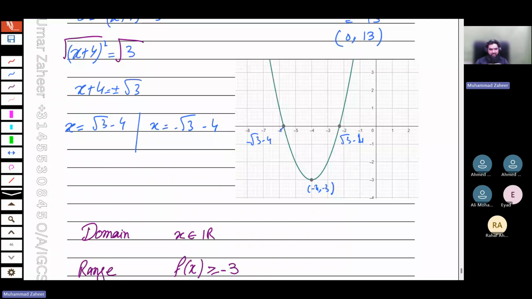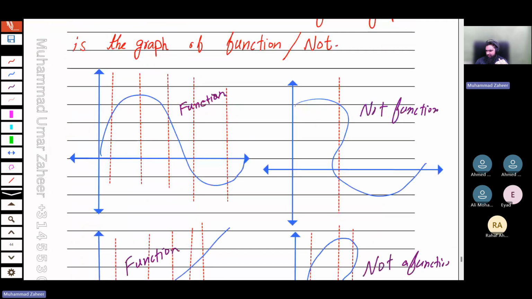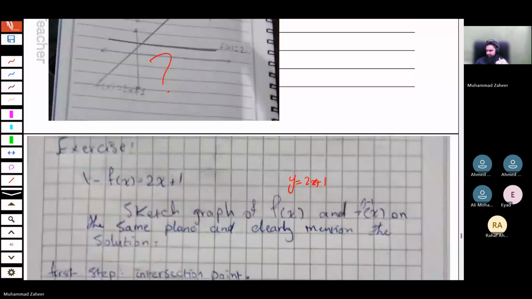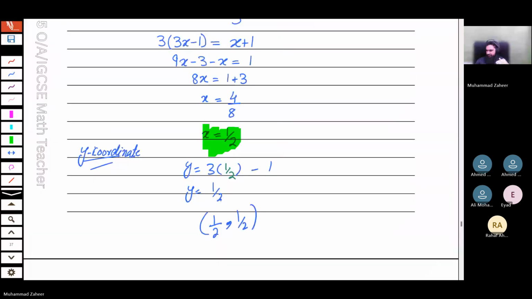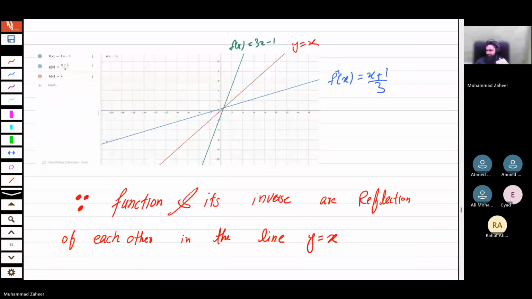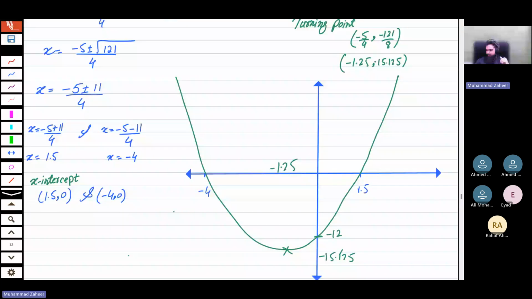The range is all the values that are going to be... look at here, I'm just going to draw the graph. The minimum point, I told you in the last lecture, we talked about the quadratic graph in a very detailed way.